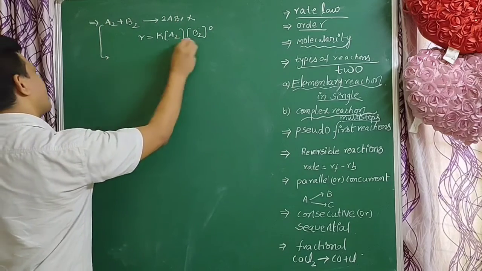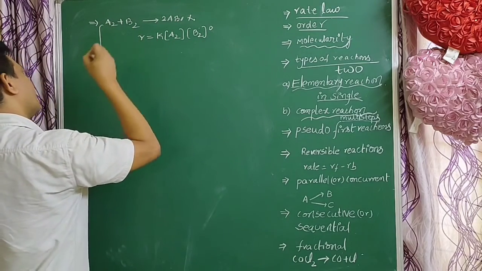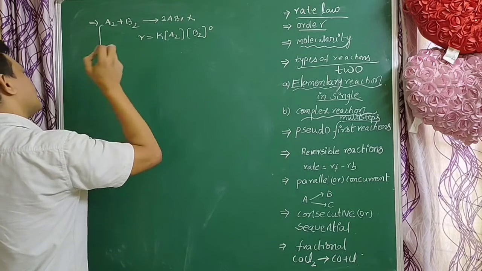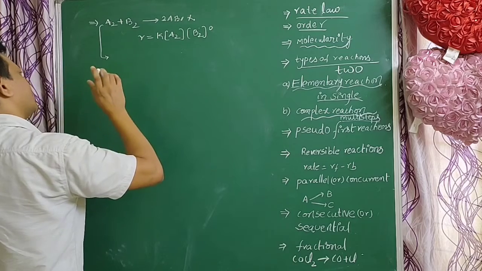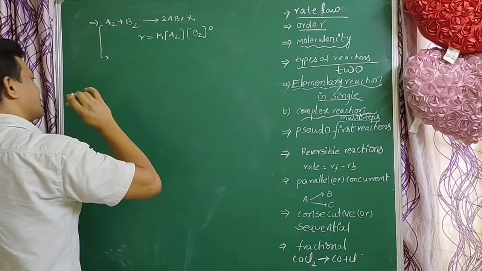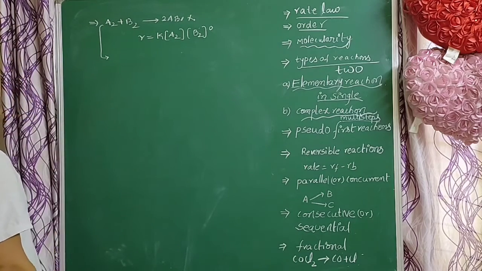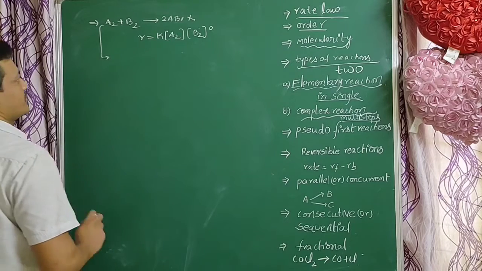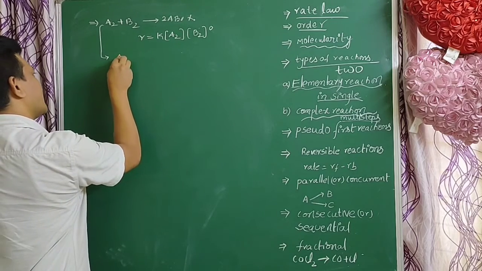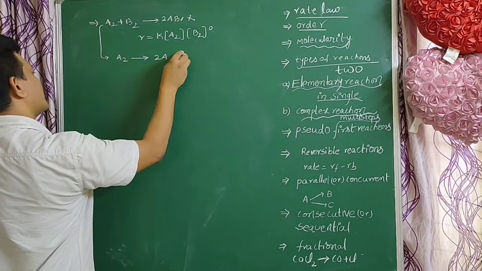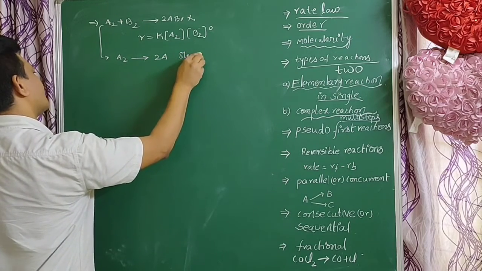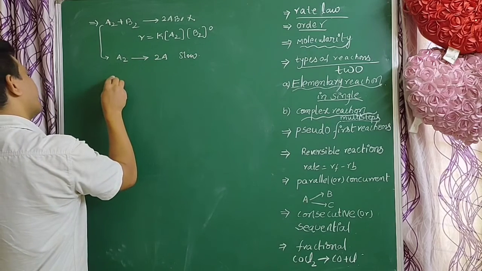So based on the rate equation, how to explain the mechanism of the reaction? In the slow step, A2 is there. Rate is written for only the slow step. So here A2 converts to 2A. This is the slow process, the rate determining step.